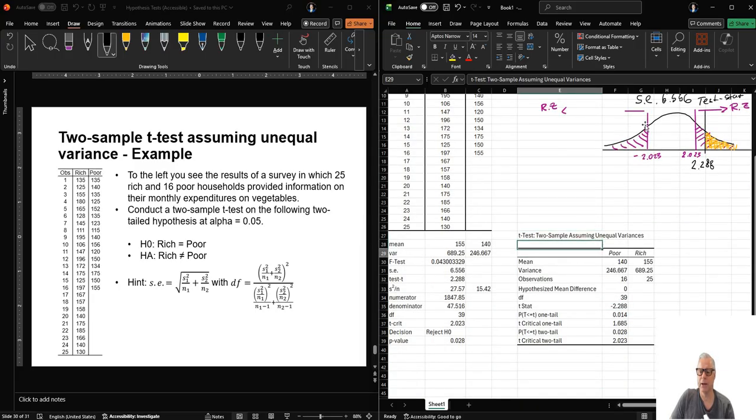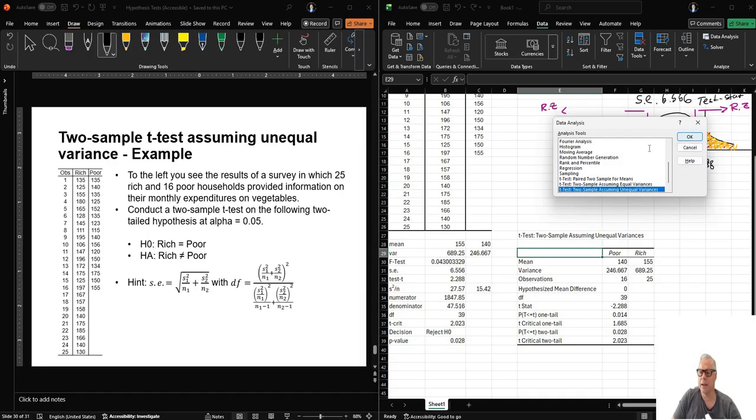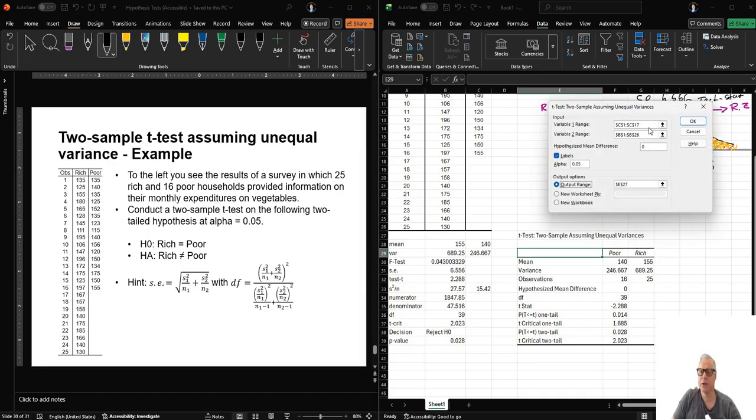Okay, so if you want to see what the order does, now we have negative 2.288, and you see the first range is the poor.